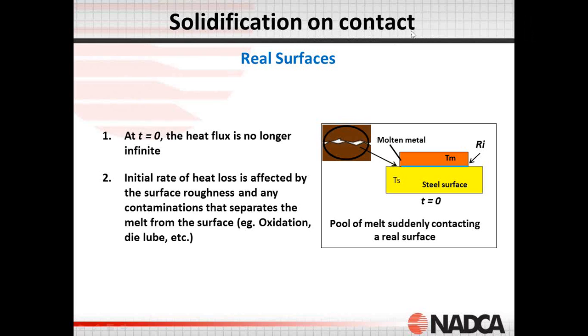Solidification on contact with real surfaces: if we look at the same scenario of molten metal suddenly contacting a surface at time 0, the only thing that controls that initial rate is the interface resistance. And that resistance is affected by the surface roughness and any contamination on the surface of the steel or of the liquid material.